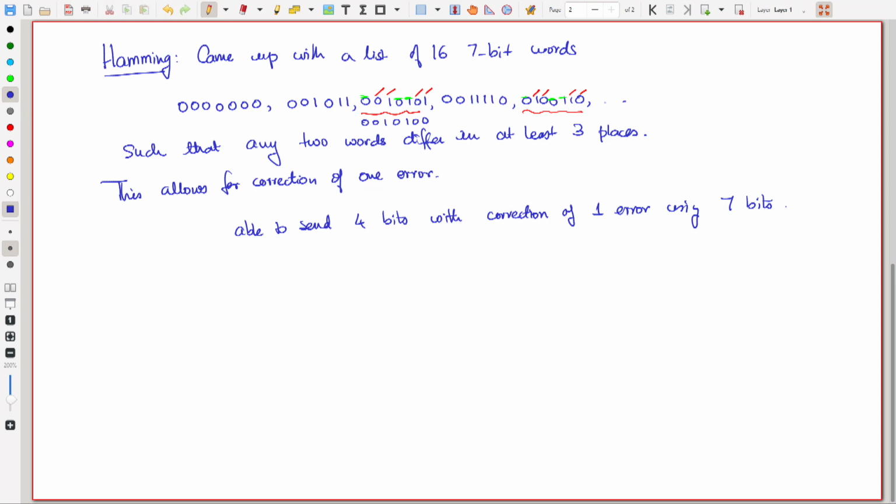So this is the basic idea behind Hamming codes and modern coding theory.